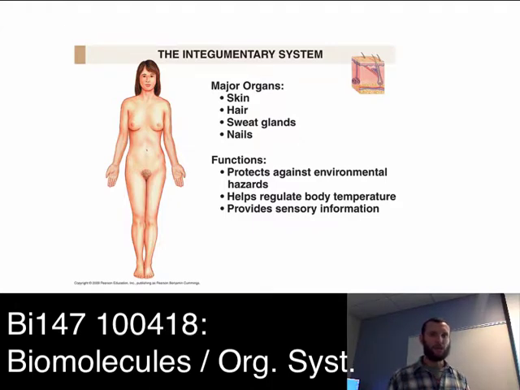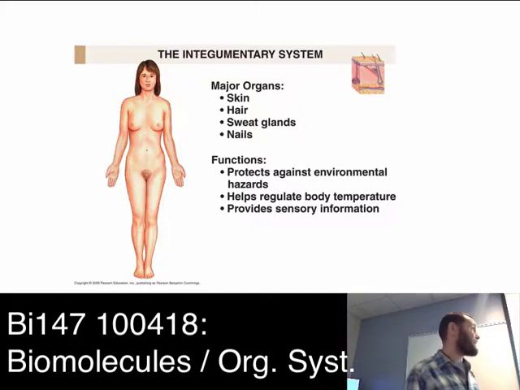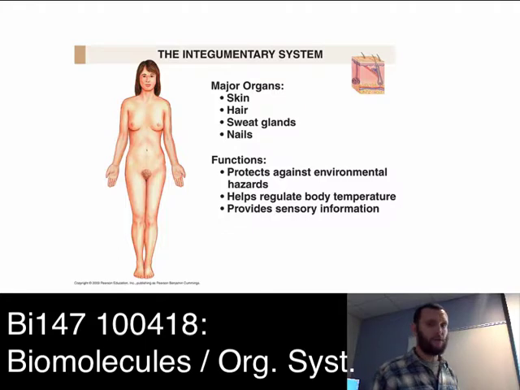There's subcutaneous fat that's part of the integument, and it's going to help us gather information about the outside sensory world. It is by far the largest and weightiest of the organ systems in the body.